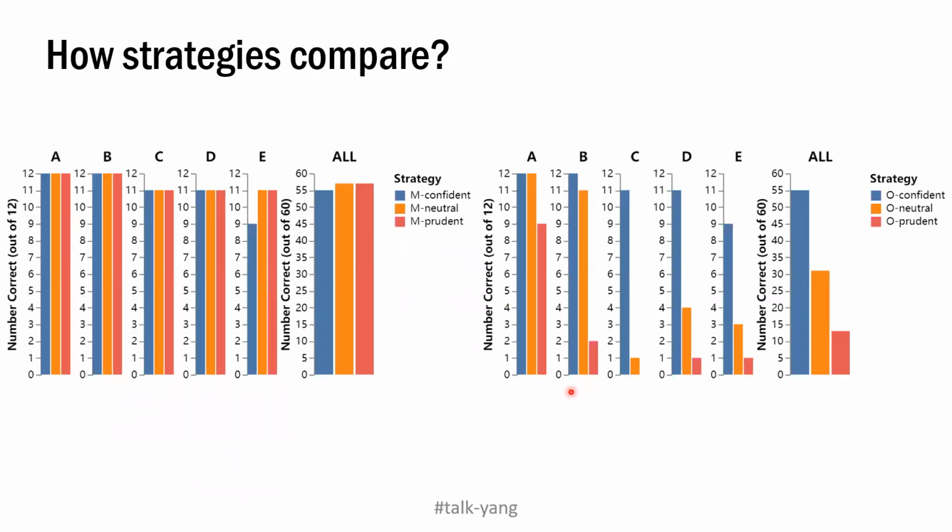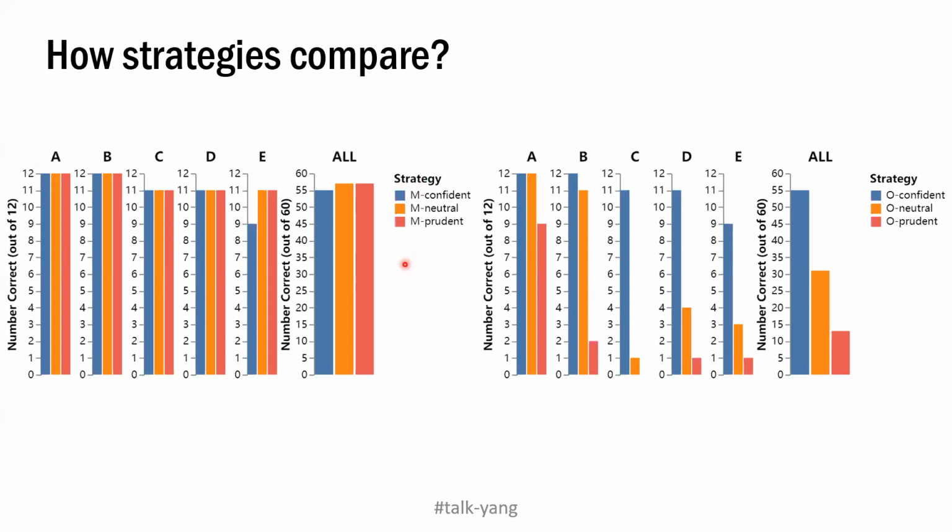We tested all our strategies on the standard Raven progressive matrices. This test has 5 problem sets, A, B, C, D, and E. Each of them has 12 problems, so we have 60 problems in total. On the left are the M strategies.